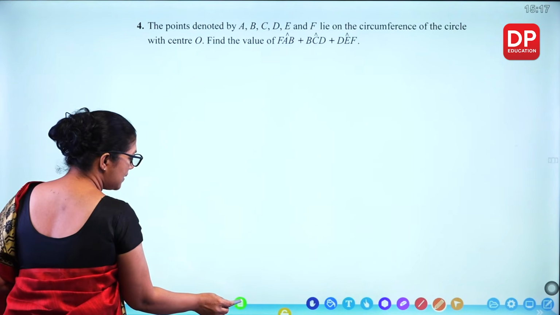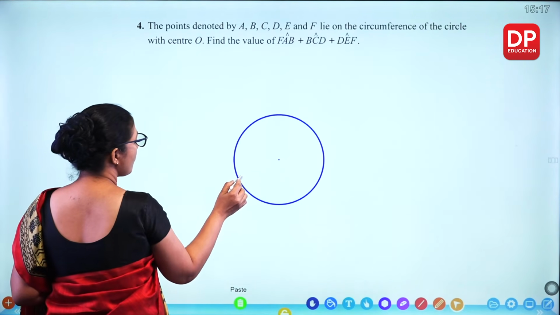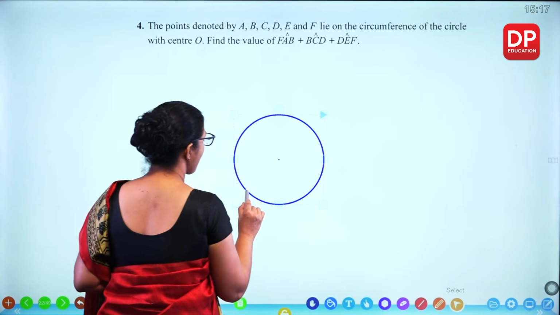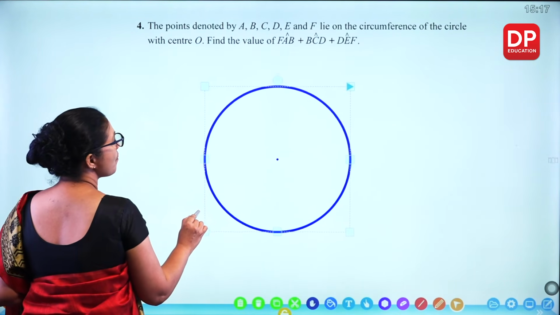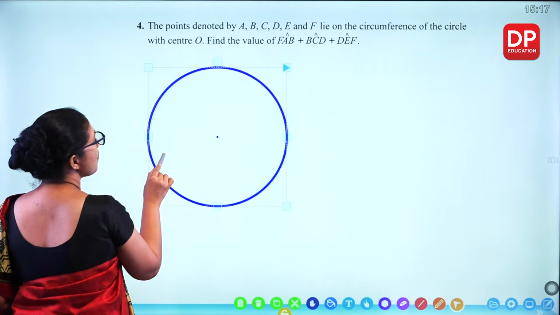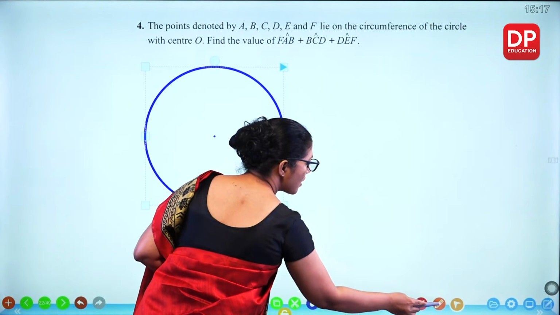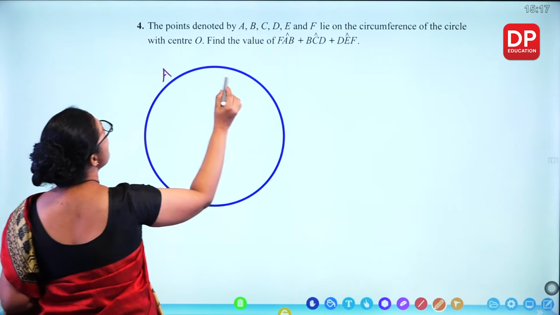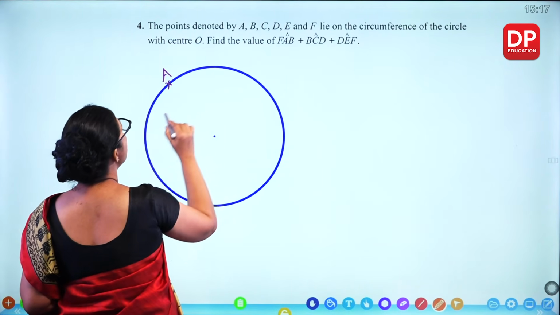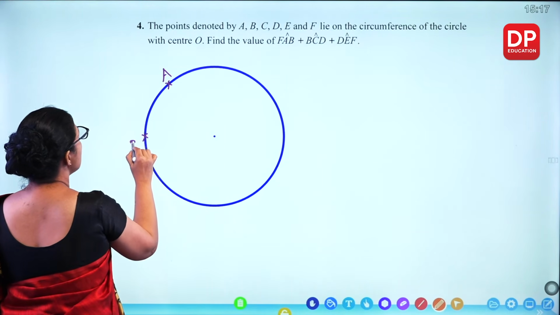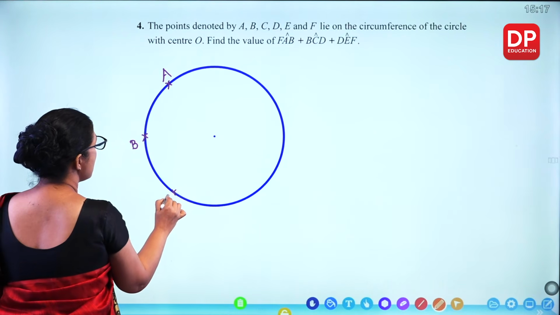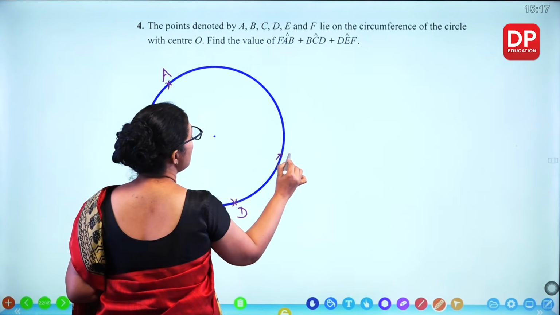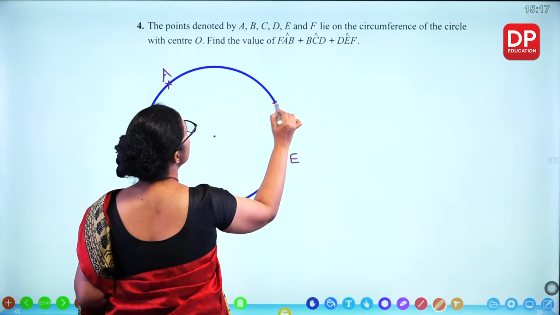We'll draw a circle and mark points A, B, C, D, E, F.